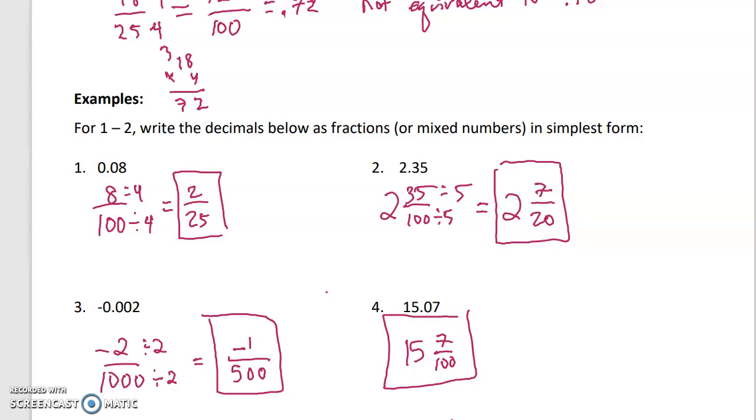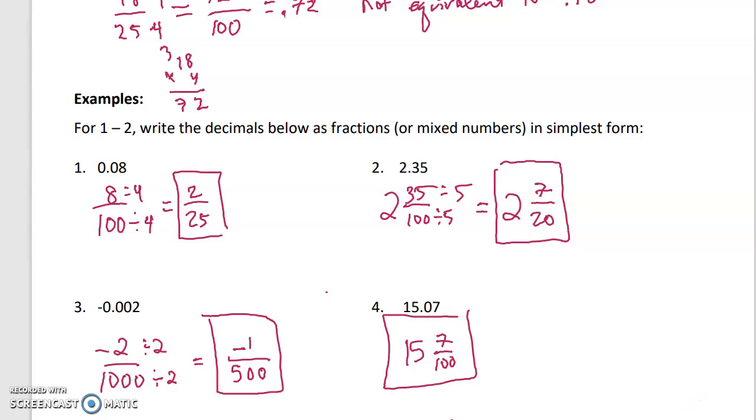Number 3, now, we have a negative here. And so remember, we can put the negative out in front, or we can put the negative in the numerator. I like to just put mine in the numerator. So I have negative 2 thousandths, which simplifies to negative 1/500. And then finally, number 4, 15 and 7 hundredths is just 15 and 7 hundredths, and that cannot be simplified because 7 is a prime number and does not go into 100.